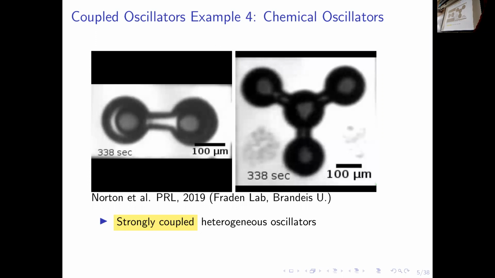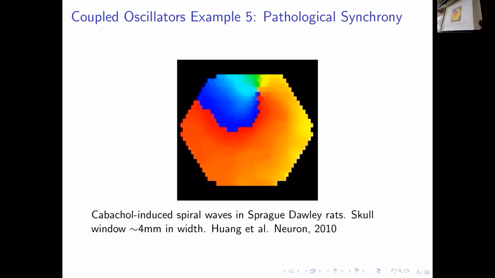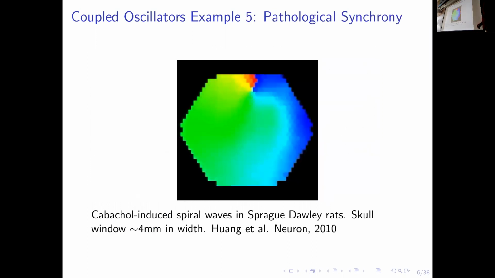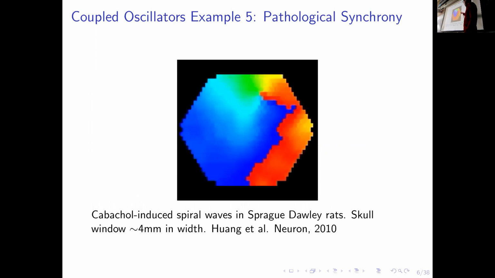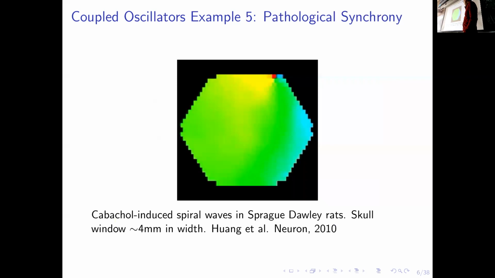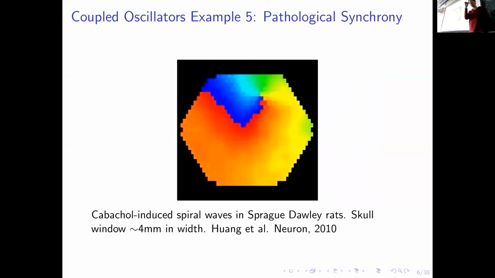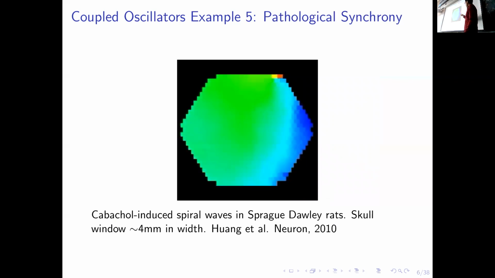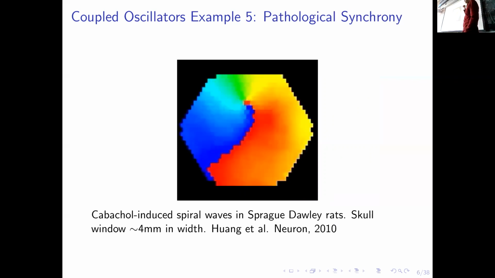And this is an example of strongly coupled and homogeneous oscillators. This is an example of a pathological signal. This is induced by an experimental mechanism, and this was done in mice, and they cut a small window to be able to observe the activity, and they induced what's basically a mouse model of epilepsy.